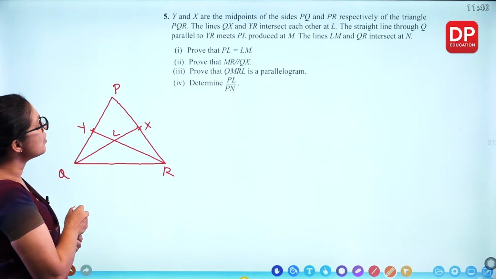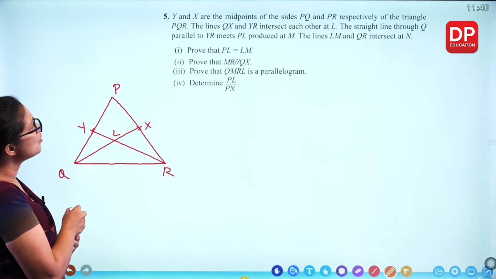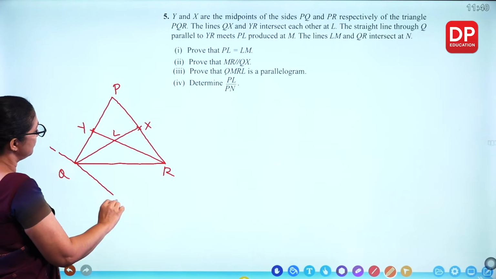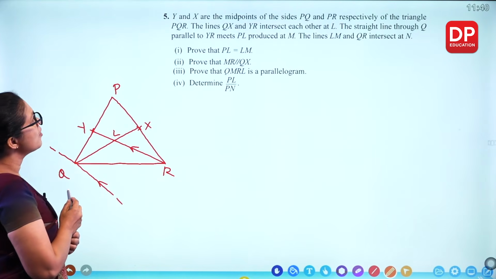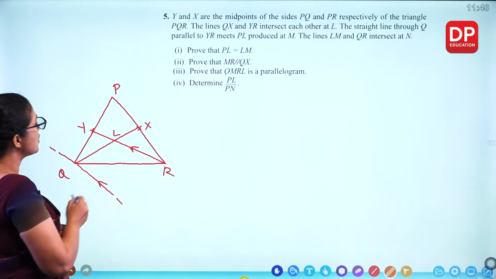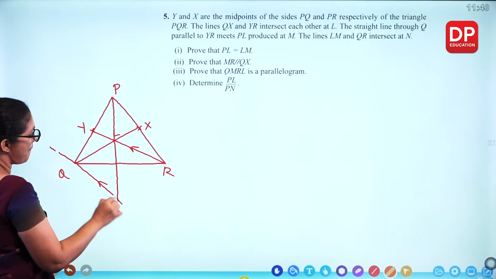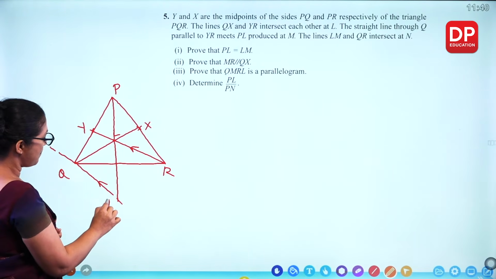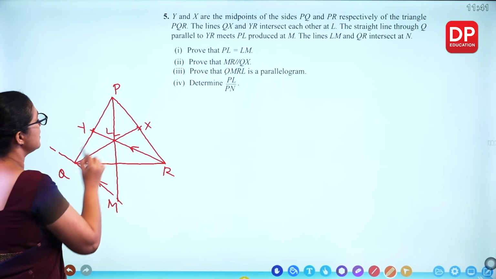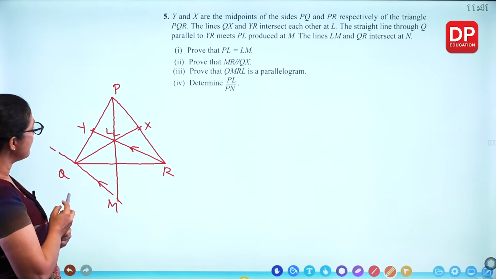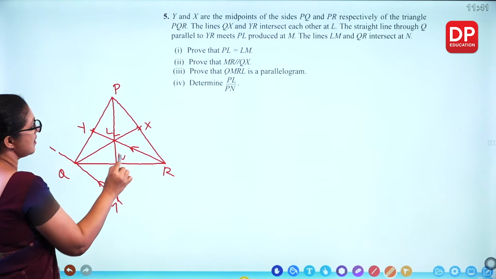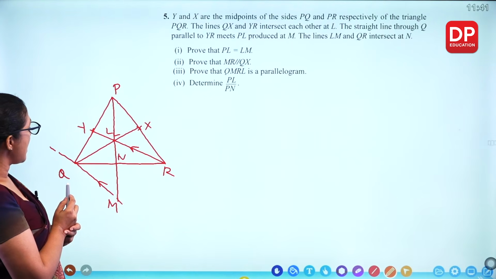The straight line through Q parallel to YR meets PL produced at M. The lines LM and QR intersect at N. So this is the diagram.